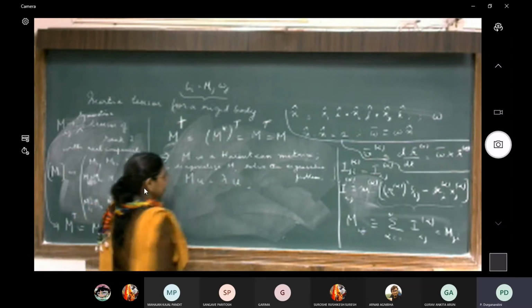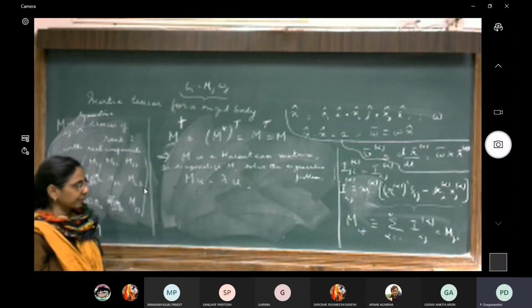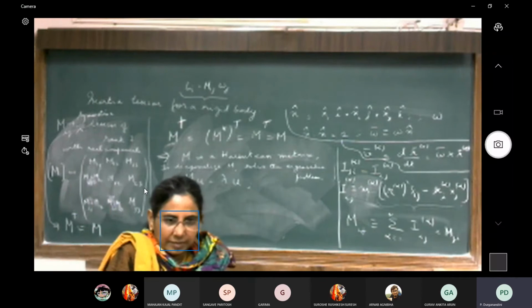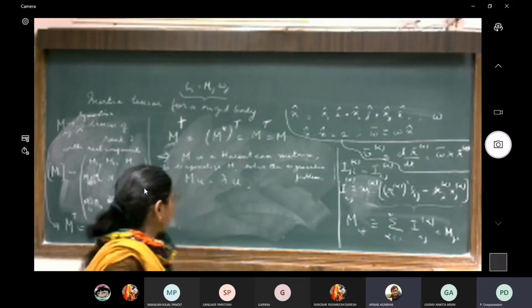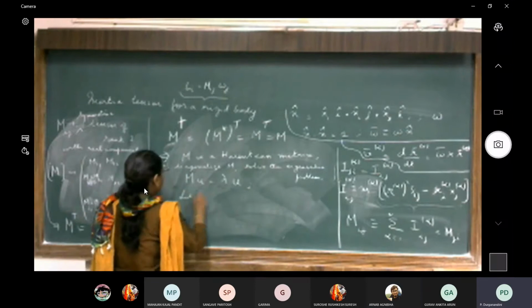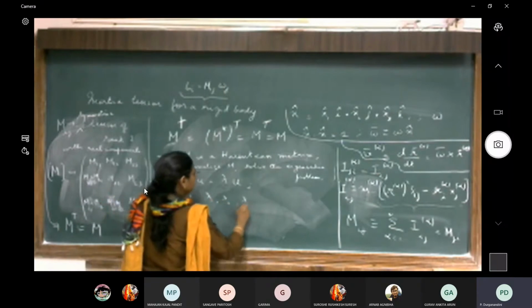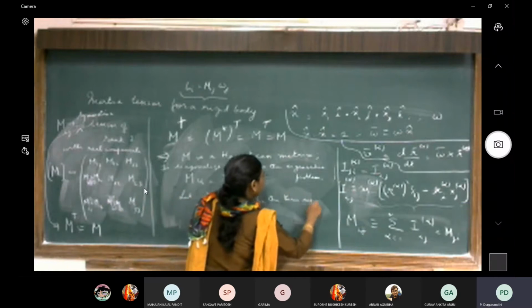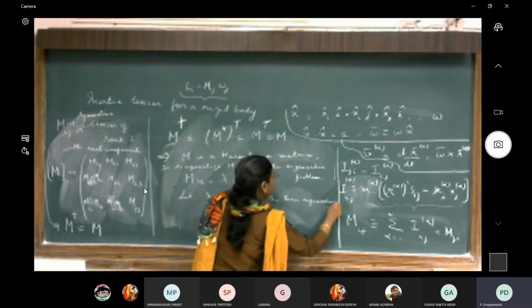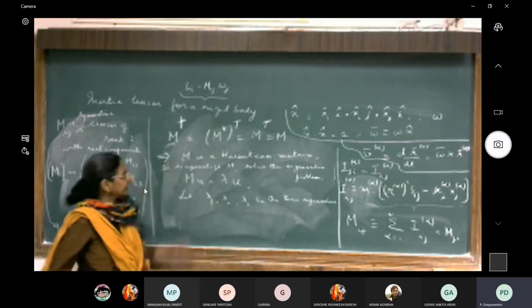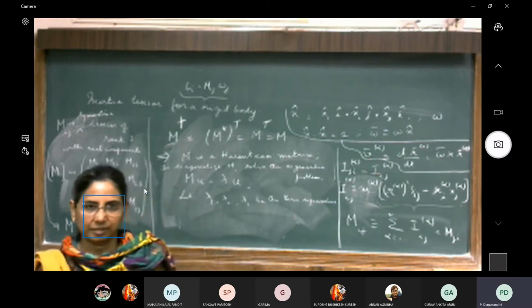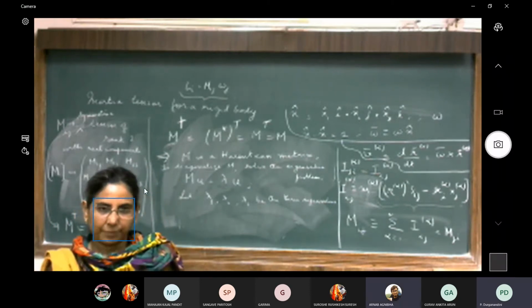Now, how many eigenvalues will this have? It's a 3 by 3 matrix, so altogether I should get 3. Let lambda 1, lambda 2, lambda 3 be the eigenvalues. Now, before doing any calculation, can I say something about what possible values these can be? Given that your matrix is Hermitian, they should be real.